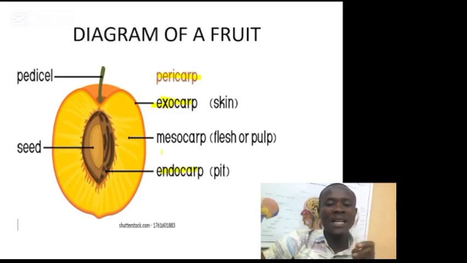And we have the one in between the one that is outside and the one that is inside. Meso means in between. So we have the mesocarp in between the exocarp and the endocarp. And right inside we have the seed. As we say, the fruit surrounds the seed. And we have this part that connects the fruit to the stem. It is called the pedicel.